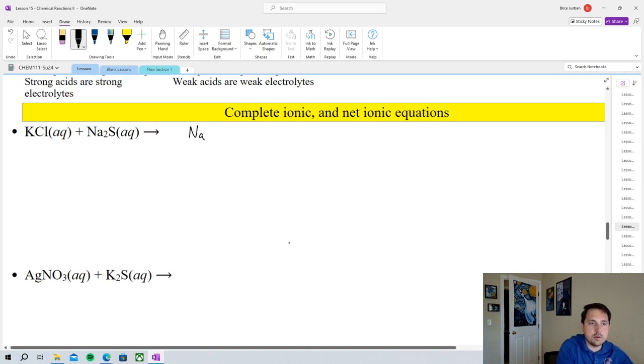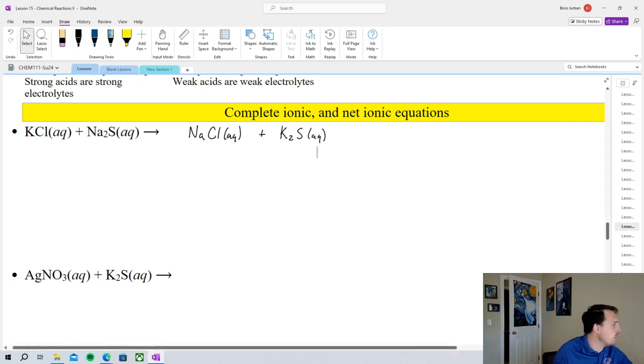We'll get sodium and chlorine that come together to give us sodium chloride, and then the potassium and the sulfur come together as potassium sulfide. Both of these are going to be aqueous compounds.